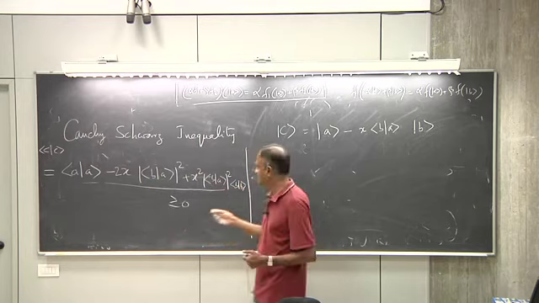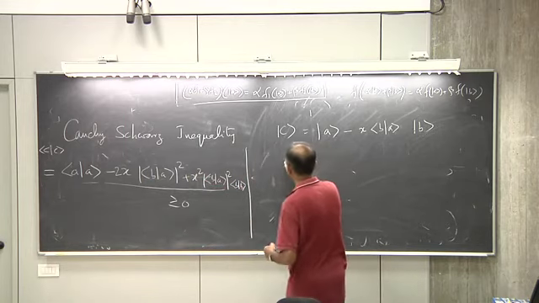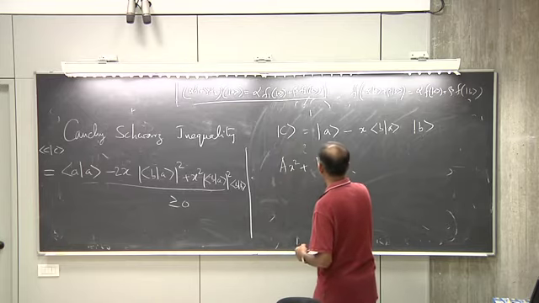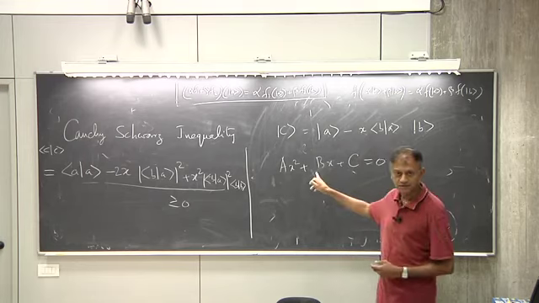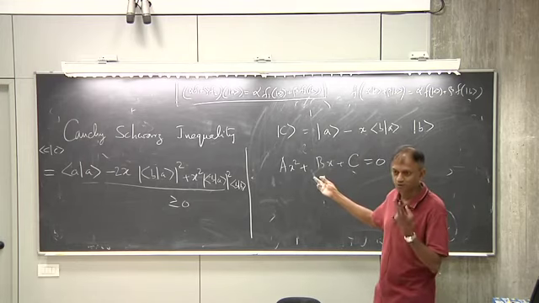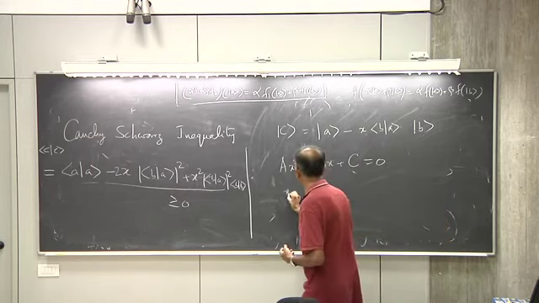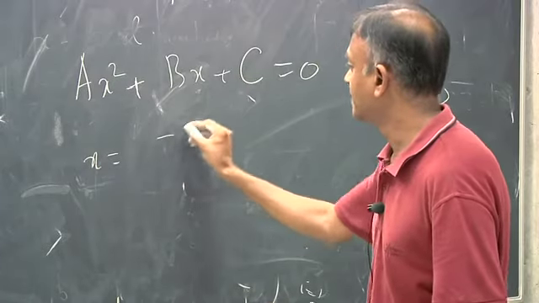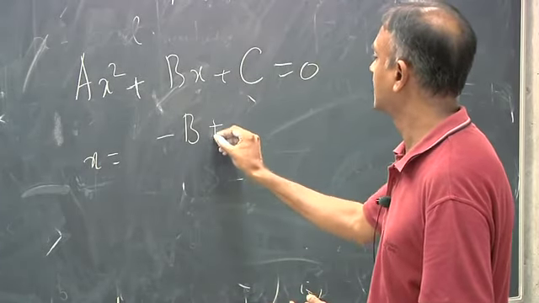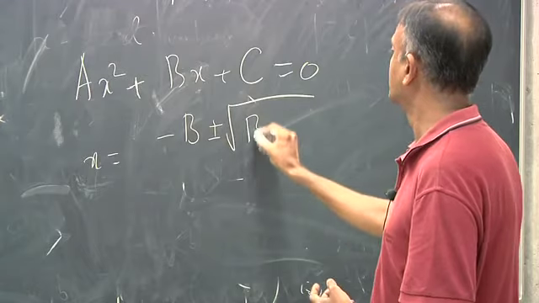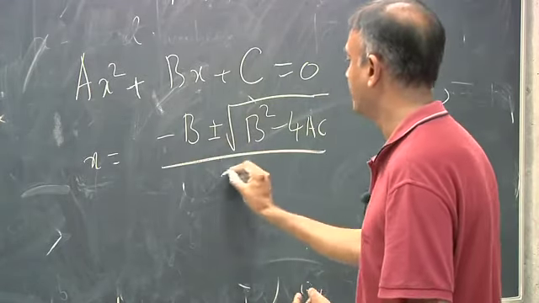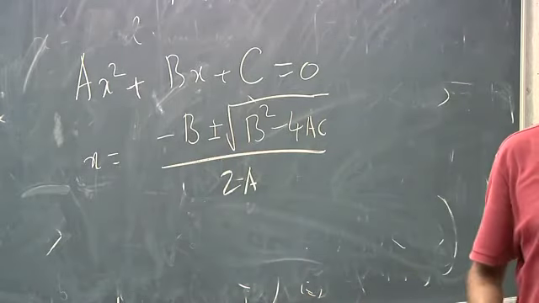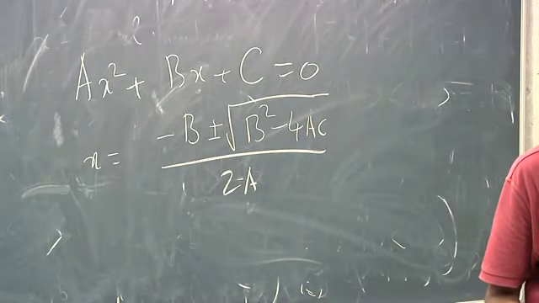Remember the quadratic, in general if I have a quadratic equation ax squared plus bx plus c equal to 0, the solutions are what? There are 2 solutions, and the solutions are simply x equal to minus b plus minus square root of b square minus 4ac, divided by 2a. These are the solutions of the quadratic equation.